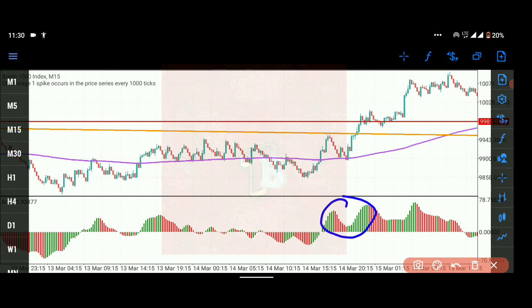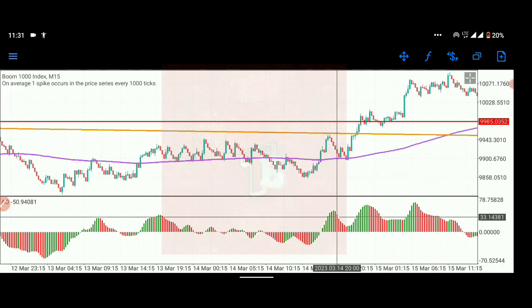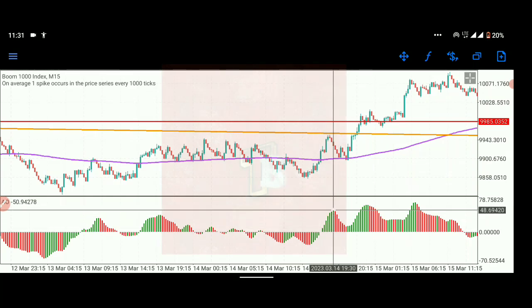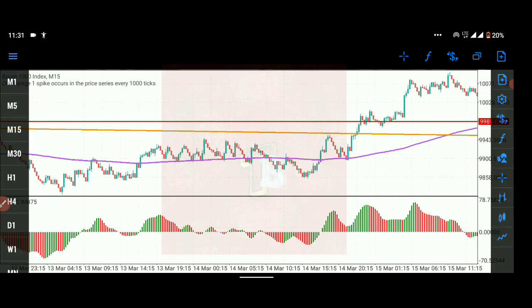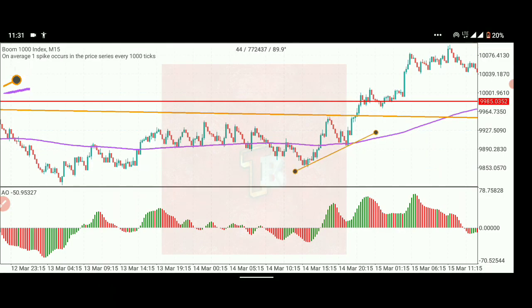This was a moving market, an uptrend, but then we saw a reversal, a correction here, to form this zone, a higher high and a higher low, to correct this demand and supply zone.